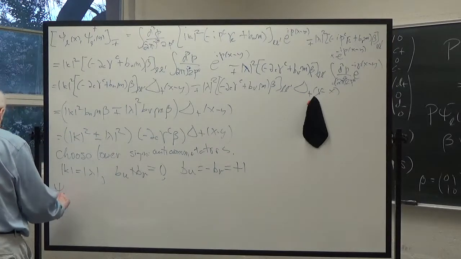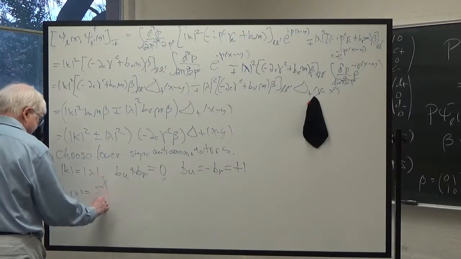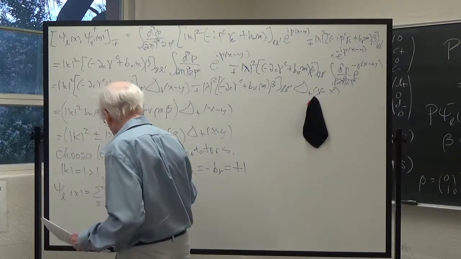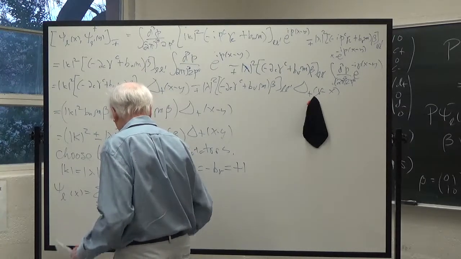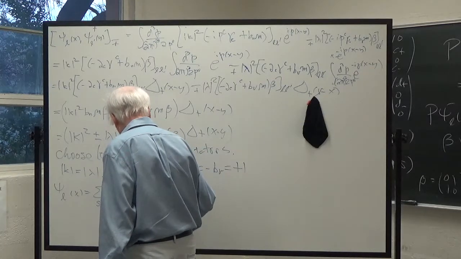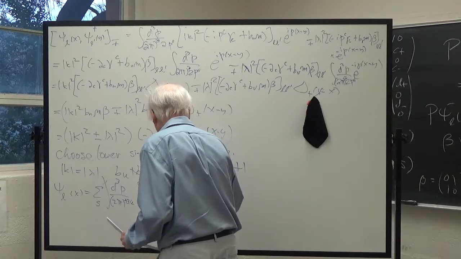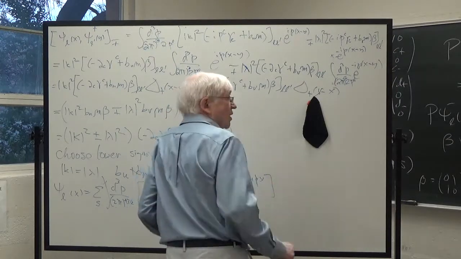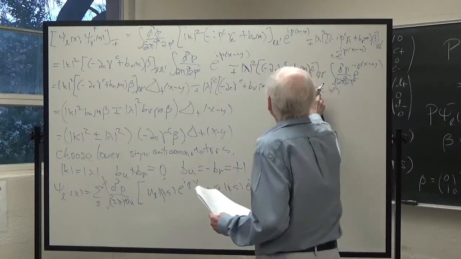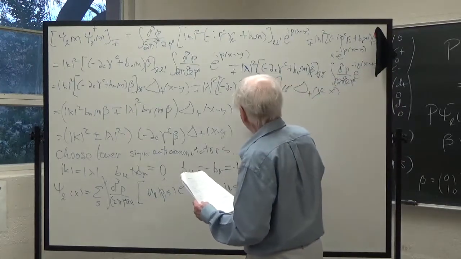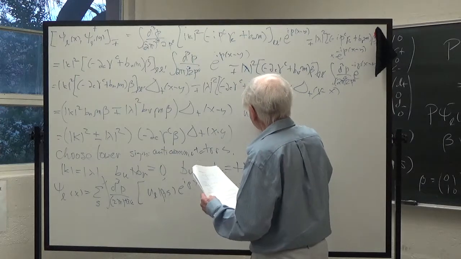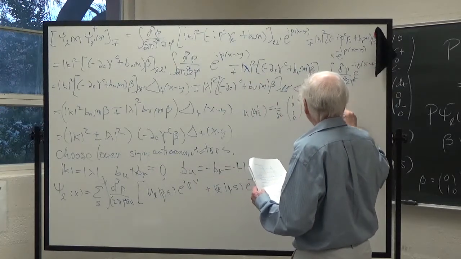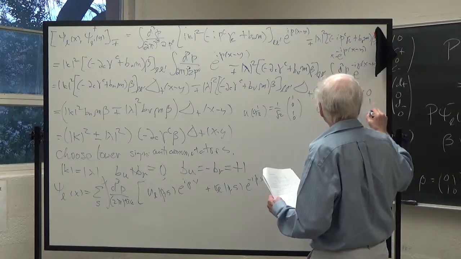It's psi L of x is sum on sigma integral d^3p over (2 pi)^(3/2), u L of p and s, a of p and s, e to the minus i p x, where the spinors now, we have the final form of the spinors at 0. u of plus a half is 1 over root 2, 1, 0, 1, 0. u of minus a half is 1 over root 2, 0, 1, 0, 1.